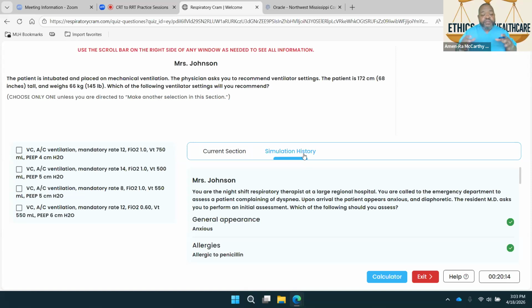Now, to find ideal body weight, you write this down. For females, it's 105 plus 5 times however many inches over 60 they are. Okay? And that's going to give you pounds. And then you convert that to kilograms. And then you multiply the 6 and the 8 to get your tidal volume.